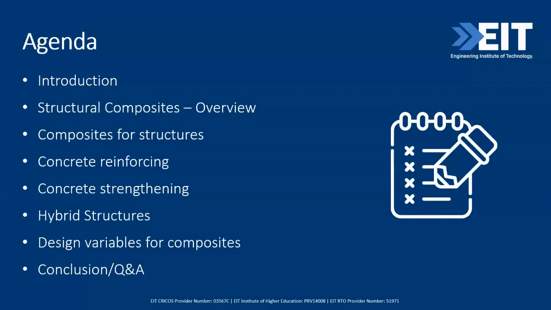We will discuss strengthening of existing structures using composites. At the end, we will touch base with some hybrid structures which incorporate composites as well. And I will summarize this by defining a set of variables for design of composite structures, and we'll have some time for questions and answers, a Q&A session.